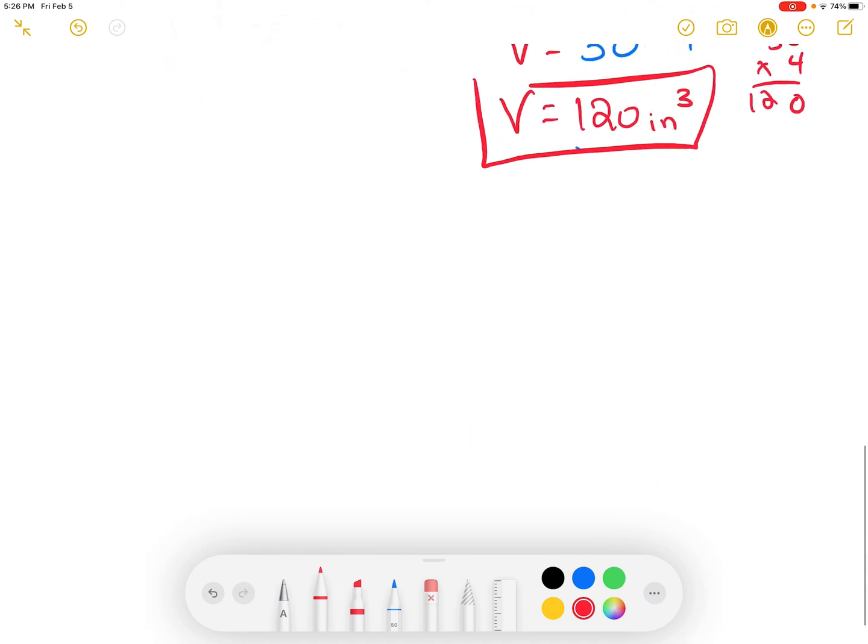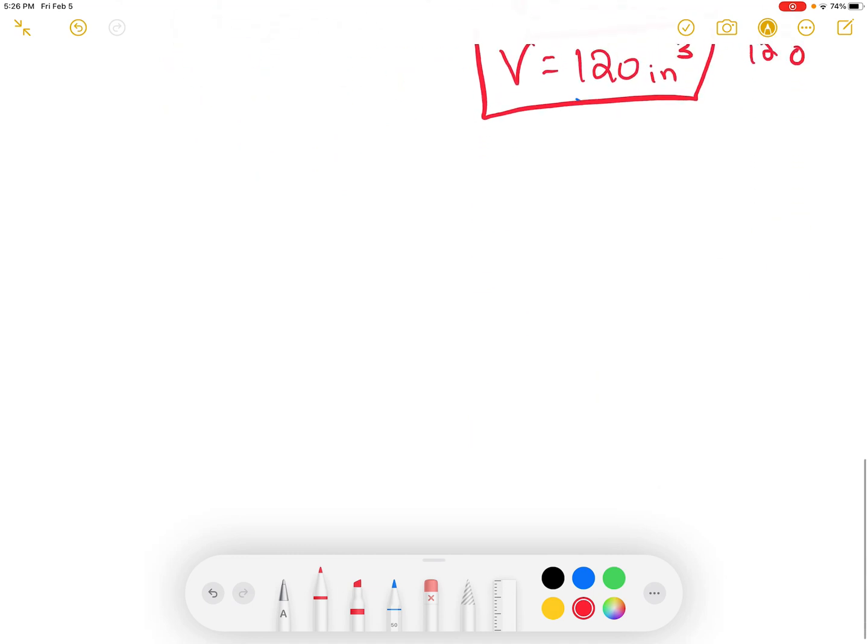So if we were solving this from a word problem, we might have something that looks like this.